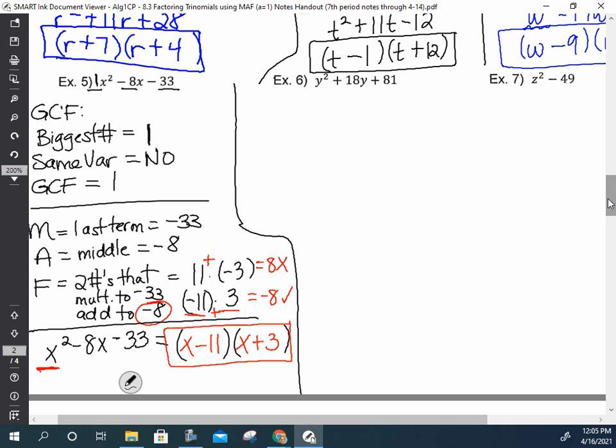Any questions? Example 5. Well, the X was a part of the problem, right? Because you need to get X squared. I multiply X times X, that gives me X squared. So when I multiply the answer, I should go back to where I started.